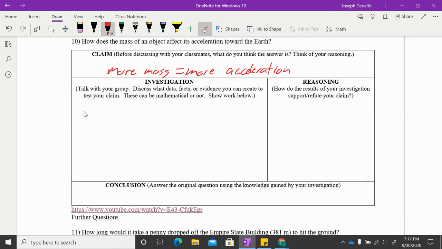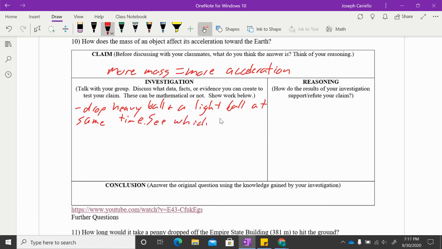We also did an experiment in class. That experiment was to drop a heavy ball and a light ball, one made of paper, at the same time and see which hits the ground first.